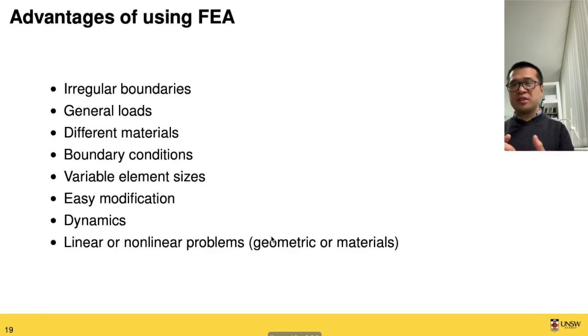Having seen all these examples, we can briefly summarize the advantages of finite element analysis before we move on. As you can see, finite element analysis deals with systems with irregular boundaries, boundaries that are not triangle, not square, not rectangle, but very arbitrary.